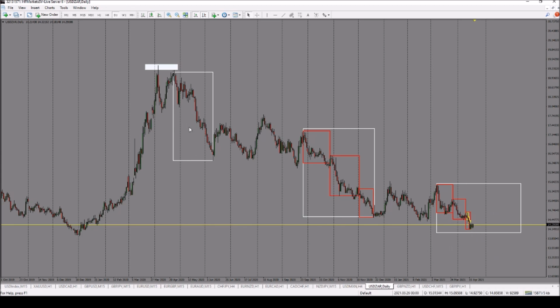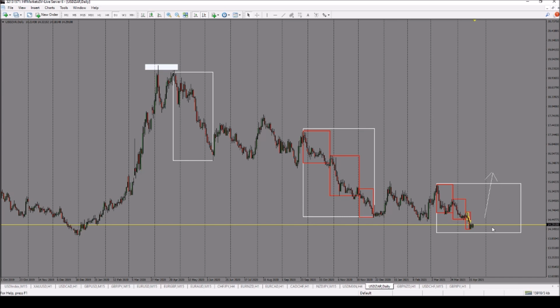Therefore, we now have the first wave, the second wave, and the third wave. And on the third wave, we are now anticipating to see the market going above. So where are we going to reach? It's another that will come in another video. So this is the anticipated move.